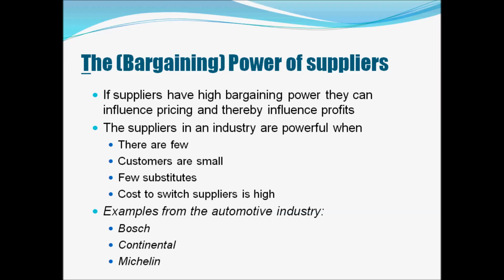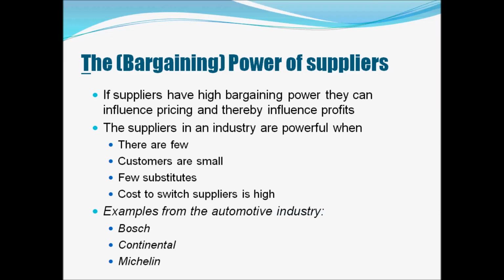When the customers are small or irrelevant in terms of their power in relation to suppliers. If there are fewer substitutes available to suppliers, and if the cost of switching suppliers is high.